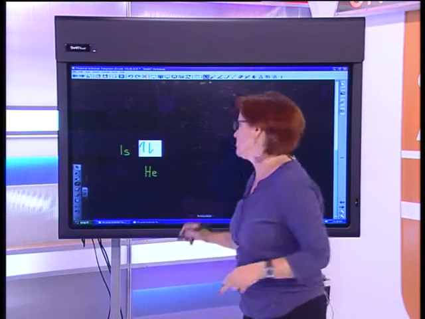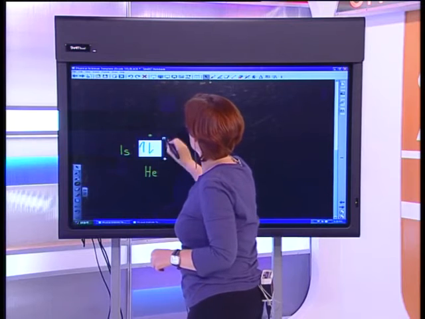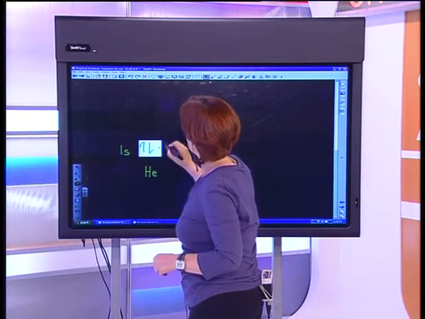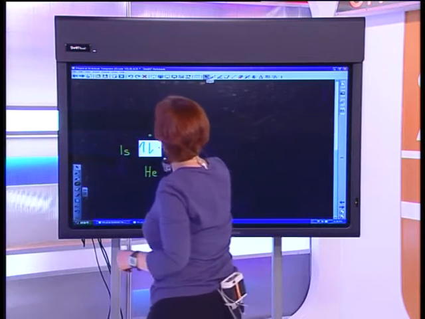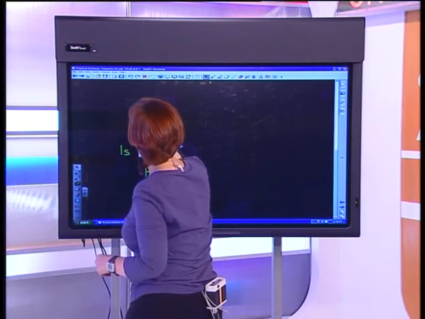That wasn't so bad, but what about when we go into lithium and now we have our second energy level, and here's where life gets very interesting for us. So we're going to quickly add some more of these. There's my s orbital.